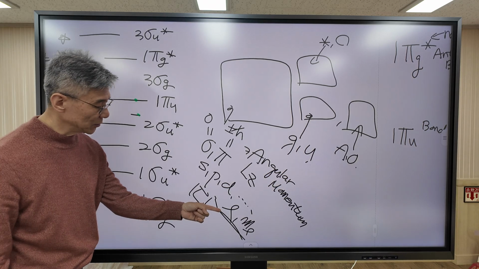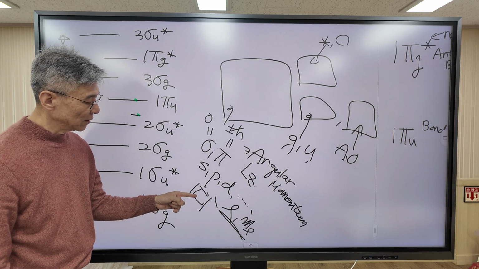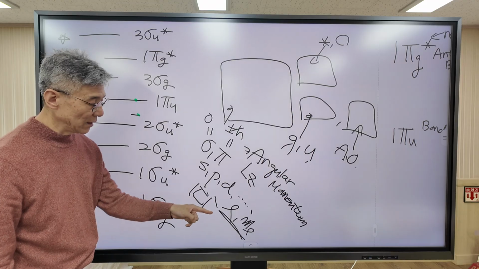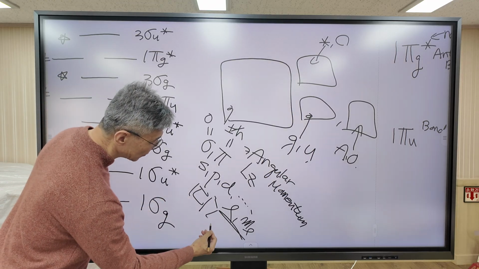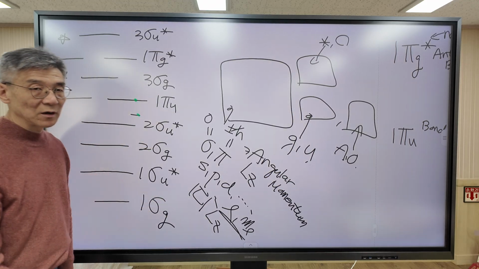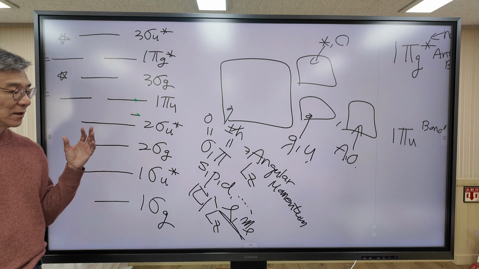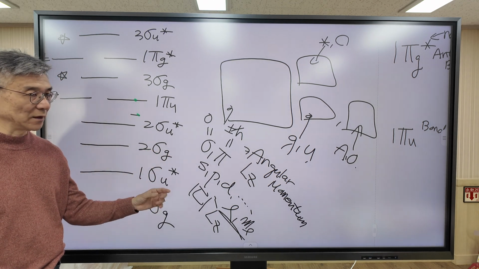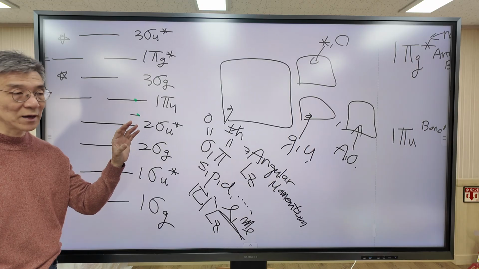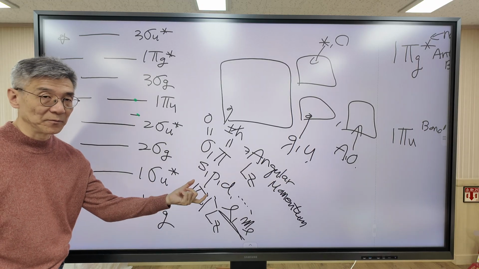L is related to the magnitude of angular momentum, and Ml is related to the z component of angular momentum. In short, in an atom, we can define the magnitude and direction of angular momentum. Both of them can be defined in an atom.